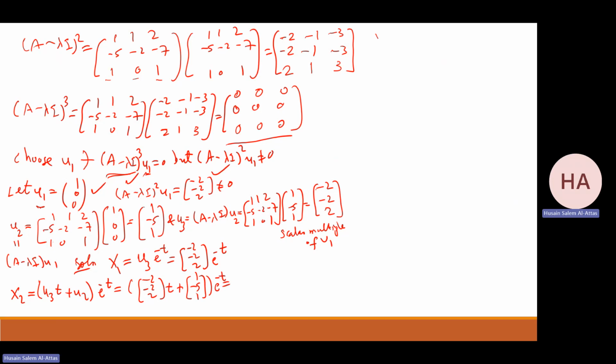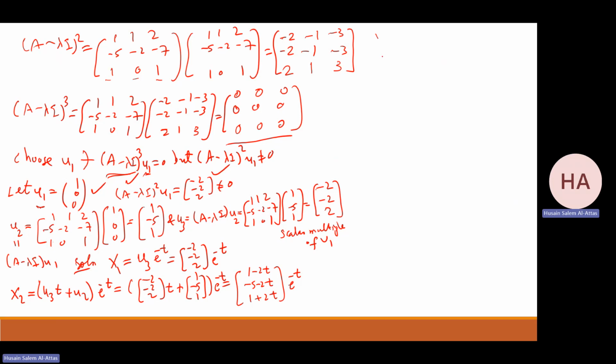And this will be equal to 1 minus 2t, minus 5 minus 2t, and 1 plus 2t. That will be your x2, e to the minus t: 1 minus 2t, minus 5 minus 2t, 1 plus 2t.